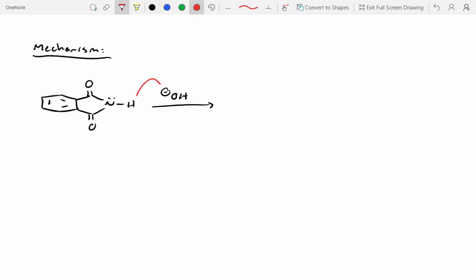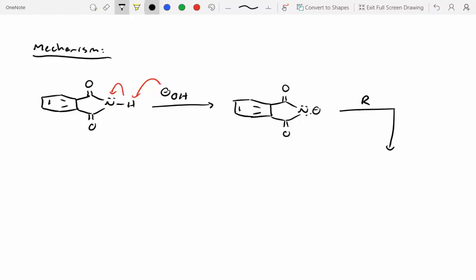This hydroxide will just rip off this proton. That'll give this nitrogen a negative charge. Nitrogens normally really don't like to have a negative charge, but in this case it's resonance stabilized. And we'll treat this with our alkyl halide, which was step 2. So we'll attack, kick off our leaving group.